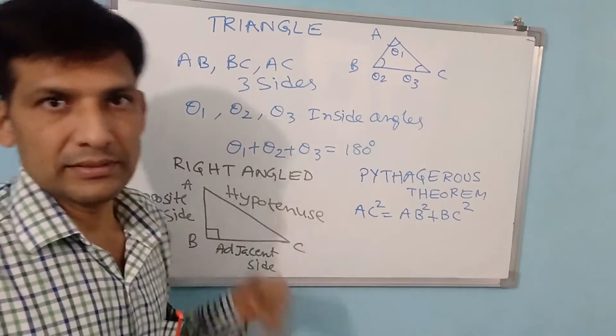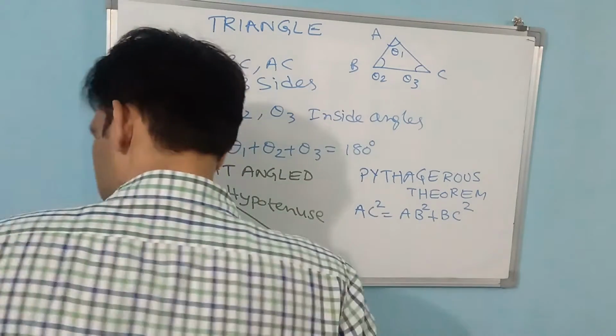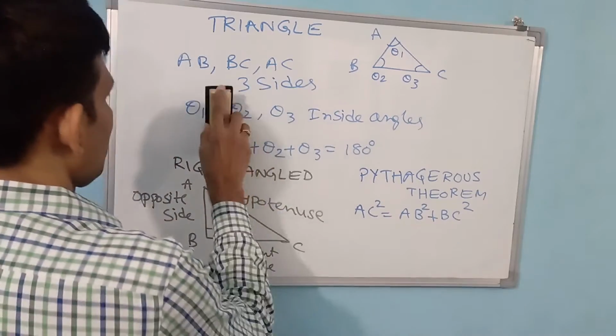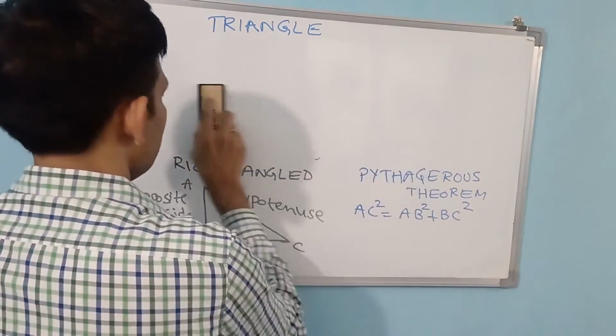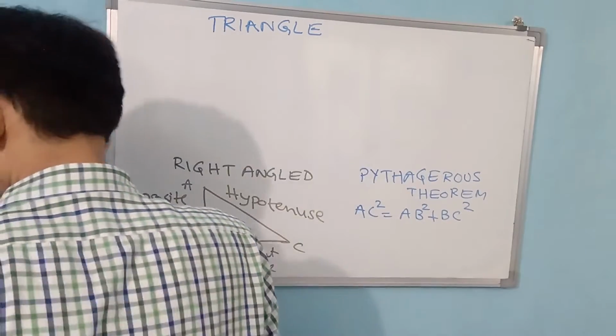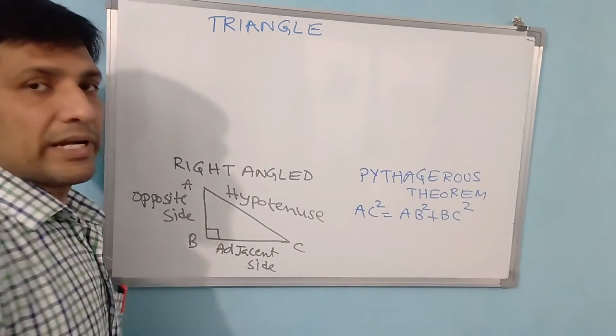We see some other types of triangles. Now we have seen the right angle triangle.